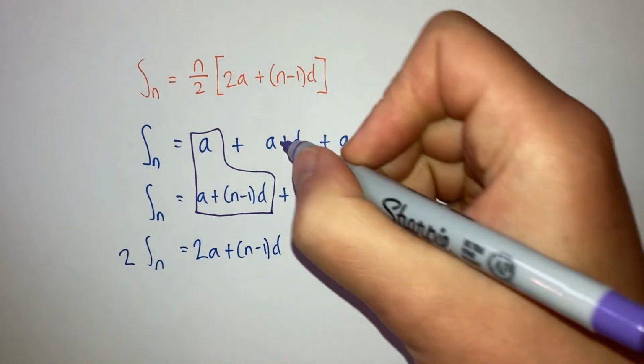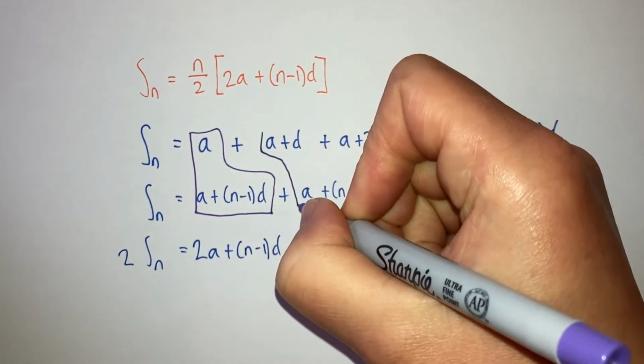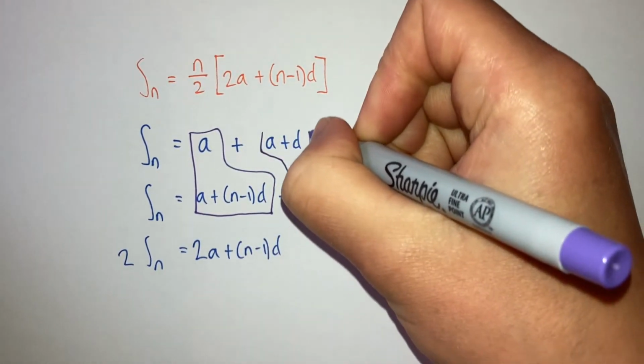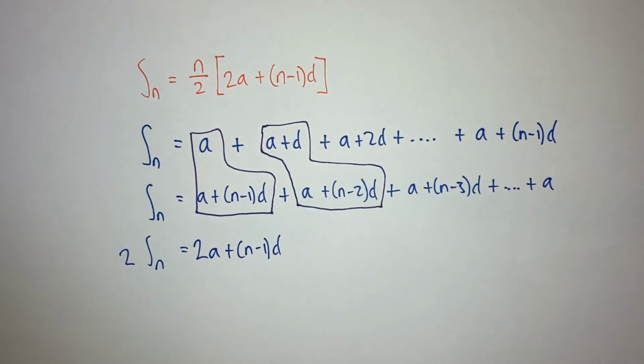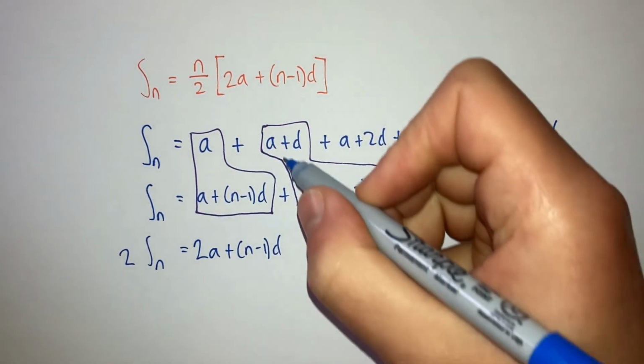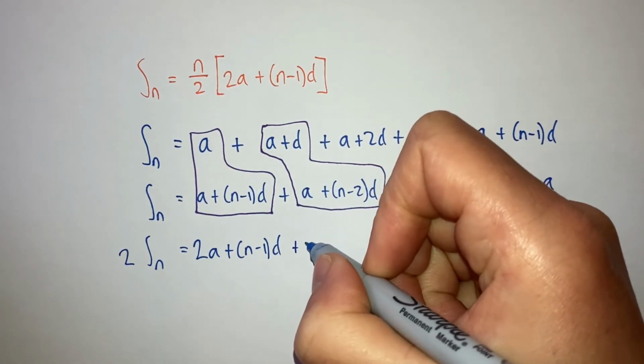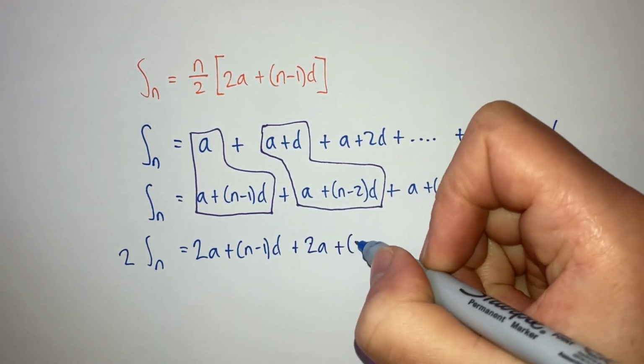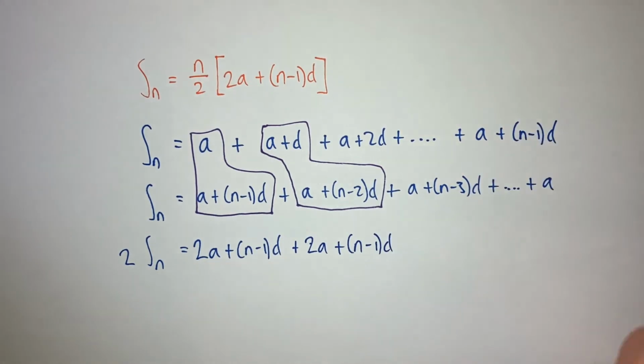And actually grouping the next 2 terms, so that's all of these, we'll get the same result because we get minus 2d plus a d. So that's 2a plus n minus 1 d.